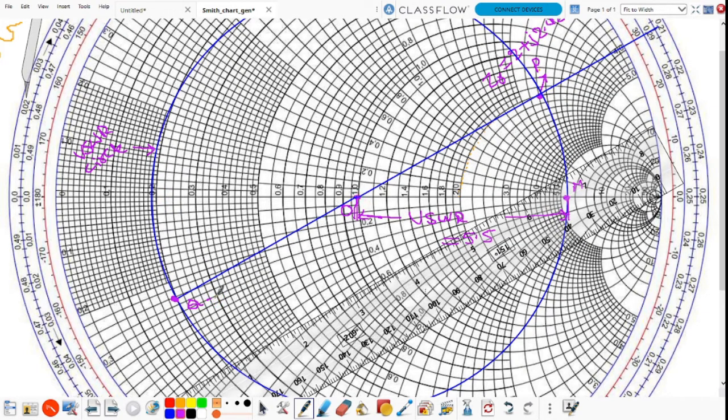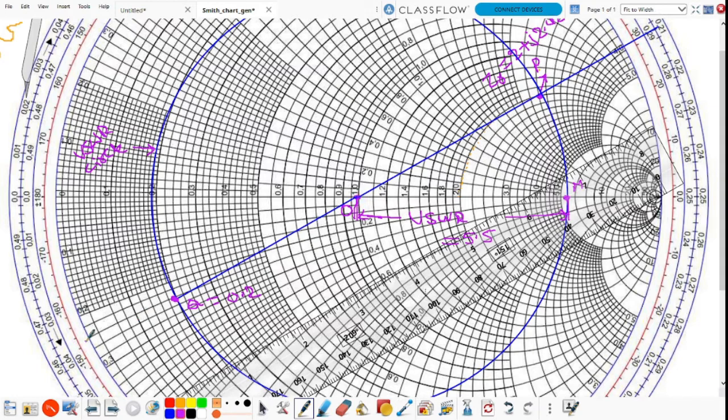The constant circle at point Q is the 0.2 constant circle, and the reactance circle is 0.2, 0.3, and this is 0.25. So this point Q is below the horizontal axis, so it has a negative reactance value.